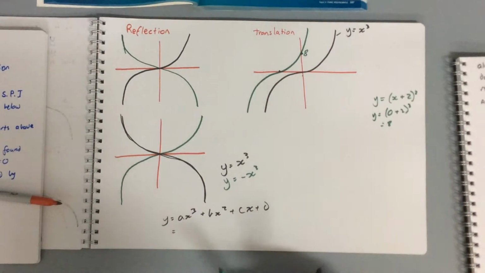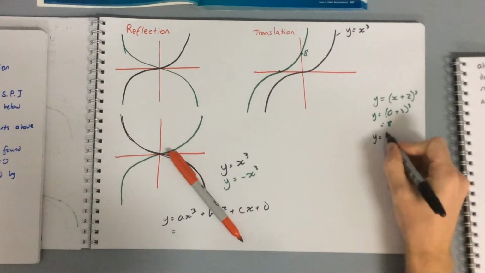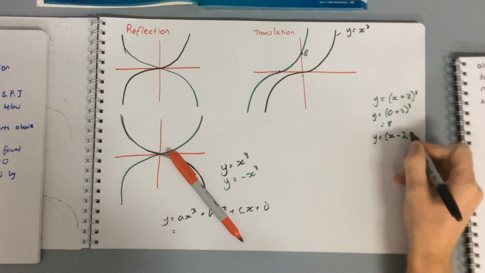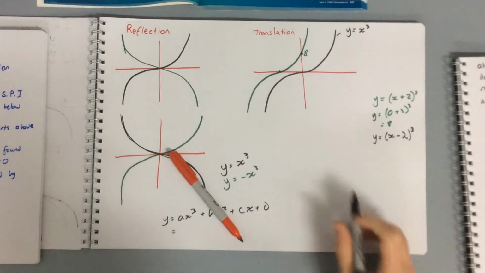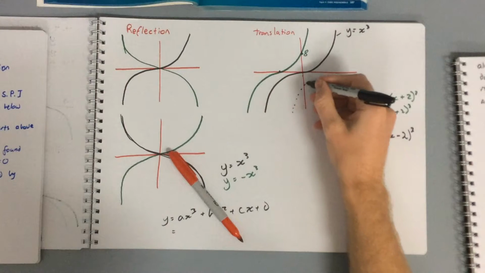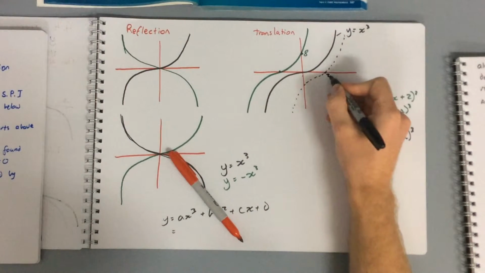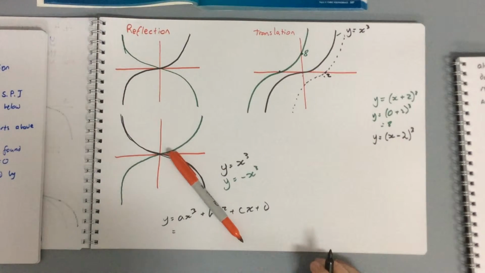So if it was a negative, let's say it was (x take 2) cubed, it would go the other way around, so it'd be somewhere there. Okay, that's it. Positive 2 and minus 2.